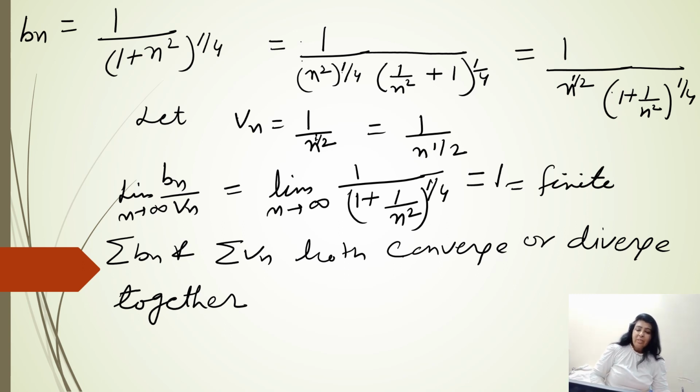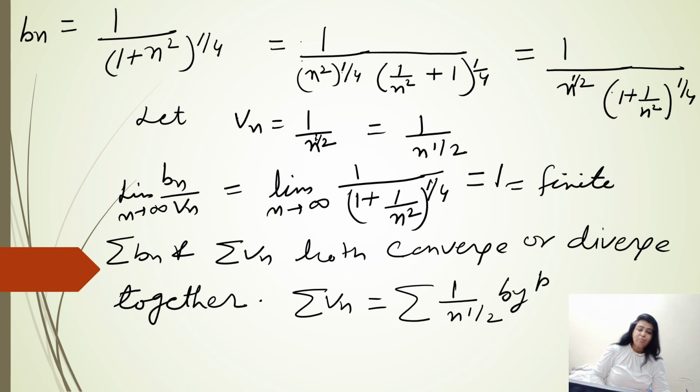Now you can see that this series Vn is equal to sigma 1 by n raised to power 1 by 2. This series is divergent by p test, because our p is 1 by 2, which is less than 1. This implies the series sigma Vn is divergent.